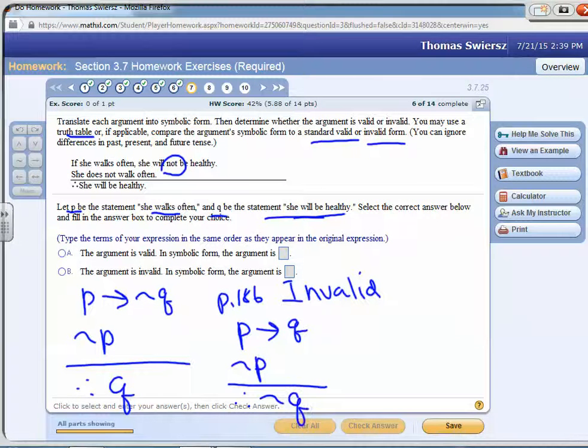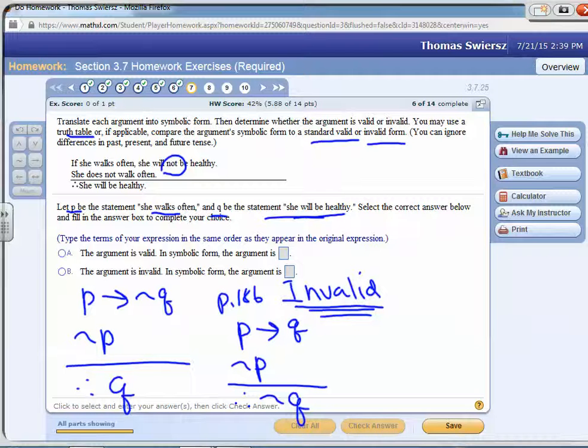Therefore, trying to conclude the negation of Q, you can't do that because it's the fallacy of assuming the inverse. Because if you're given a conditional, if P then Q, the inverse, not P then not Q, is not logically equivalent to the original conditional. So that's why it is invalid.